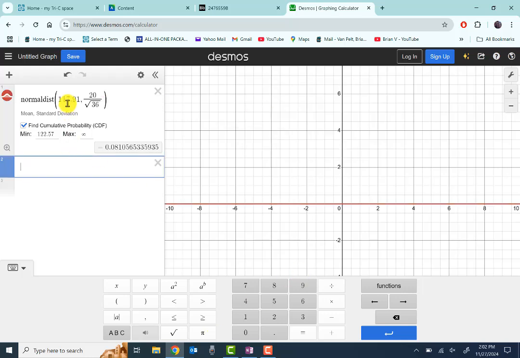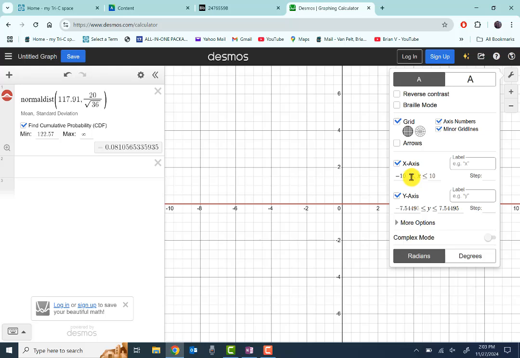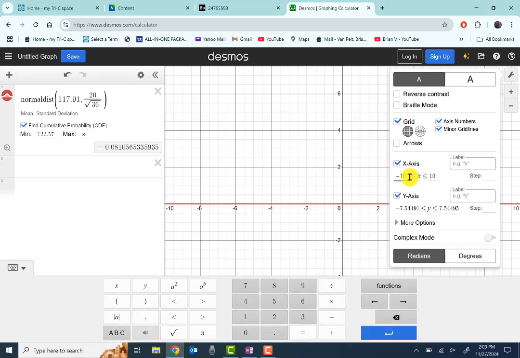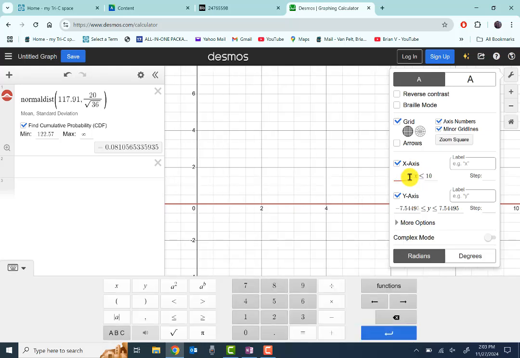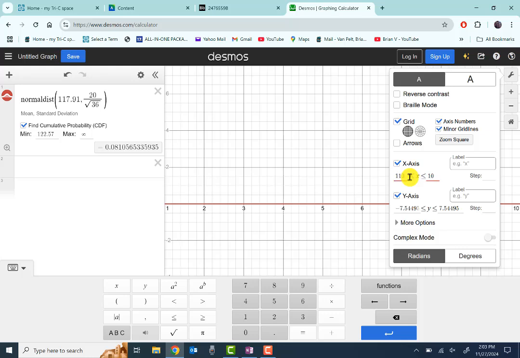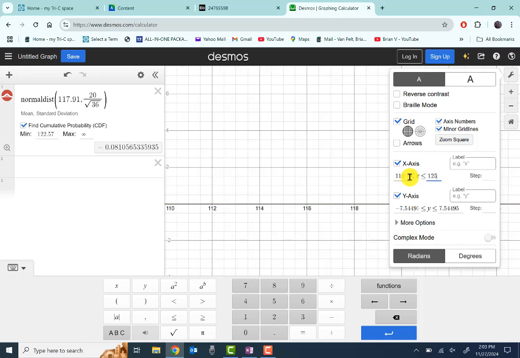Now you can also, if you go and center the graph at 117.91, so let me pop over here and I'll choose my smallest x to be like 110 and my largest one to be like 125. I'll see if I can capture the graph. It's in there.